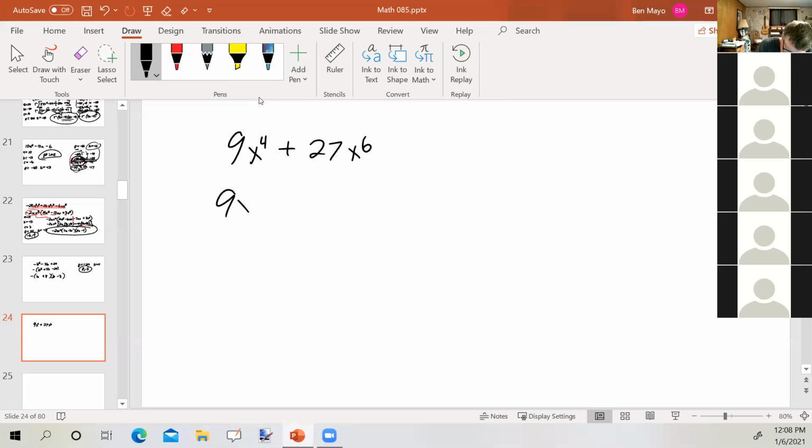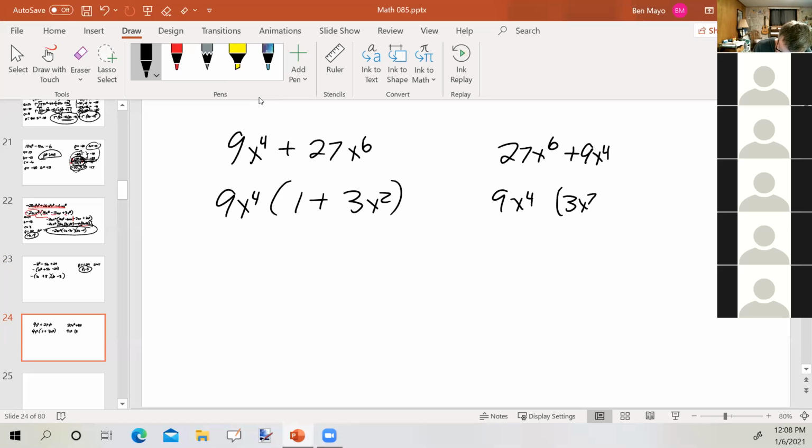It would be 9x to the 4th, so we'd have 1 plus 3x squared. Now, this is correct. You could also rewrite it as 27x to the 6th plus 9x to the 4th, and then 9x to the 4th times 3x squared plus 1. Both of those would be correct answers, okay? Because addition's commutative, so inside there, same result.